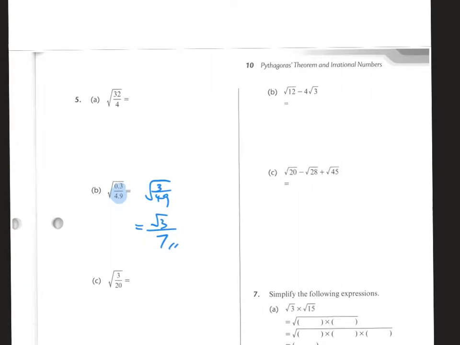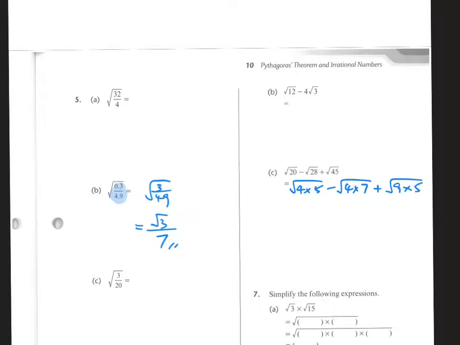Okay, part C. You will see the numbers are quite big, so we need to simplify the surd form first. For 20, we pick 4 to simplify it. 28 the same, we pick a 4. 45 this time we pick a 9.